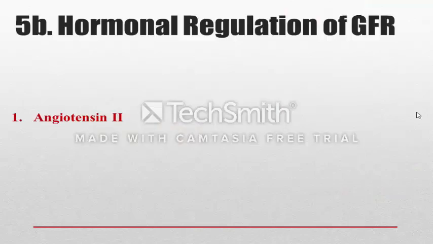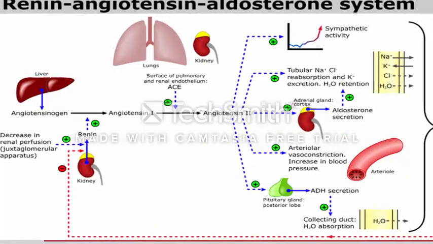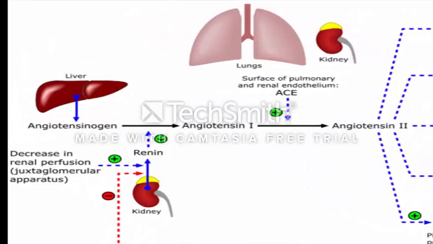The second process is hormonal regulation, and two main hormones are involved in this. The first is angiotensin II. This diagram is available in your textbooks. When blood pressure falls, changes in the reabsorption of sodium ions, chloride ions, and water by the loop of Henle cause the release of the hormone renin by the juxtaglomerular cells.